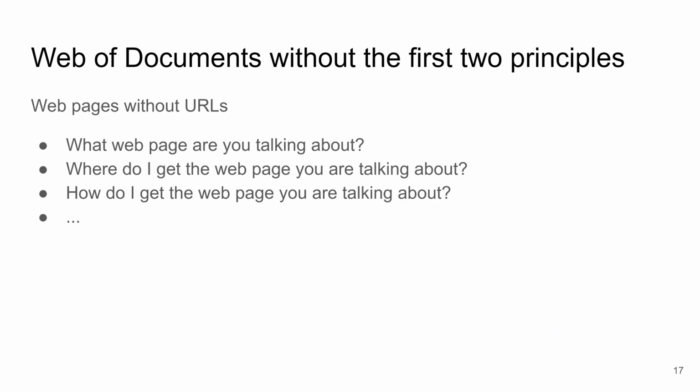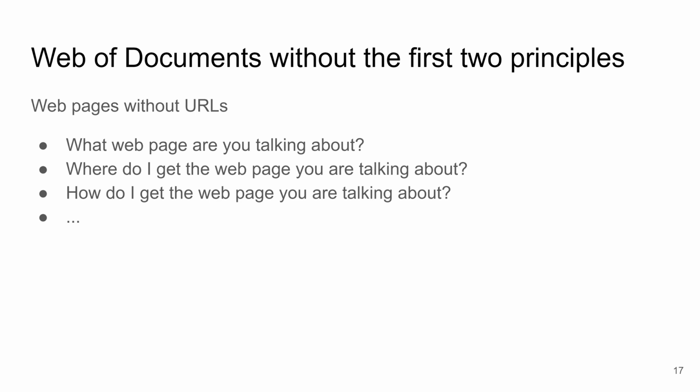To illustrate why it is important to follow these 2 principles, let us imagine a web of documents as we know it today, however, with the first principle broken, which means web pages as we know them today suddenly do not have URLs. What does this mean?